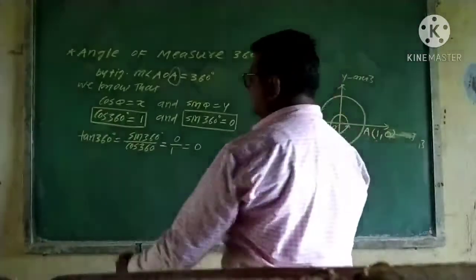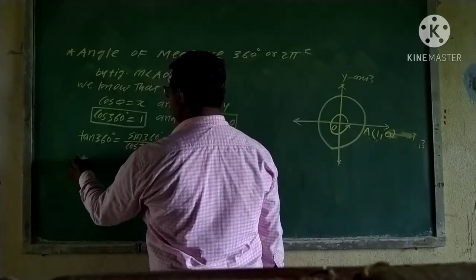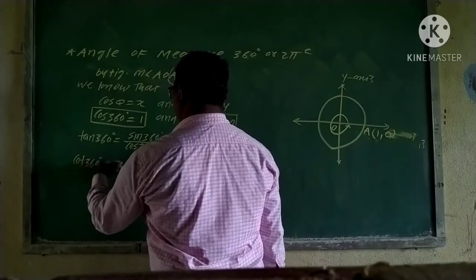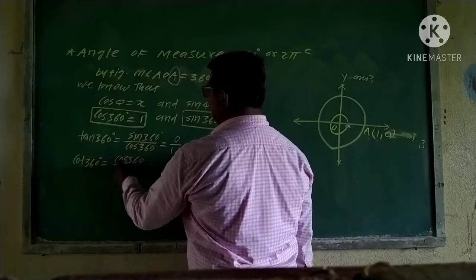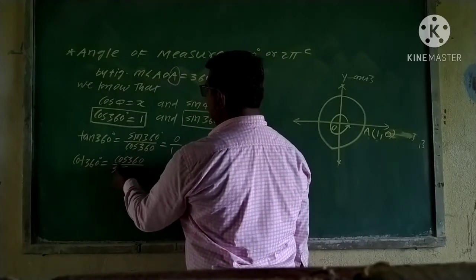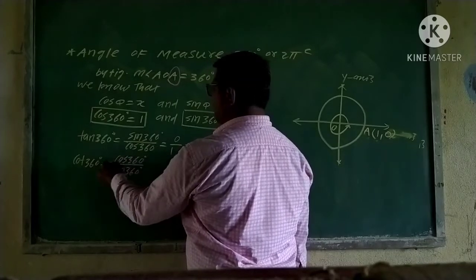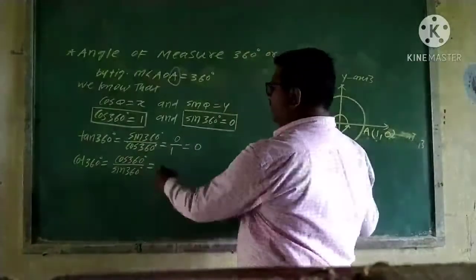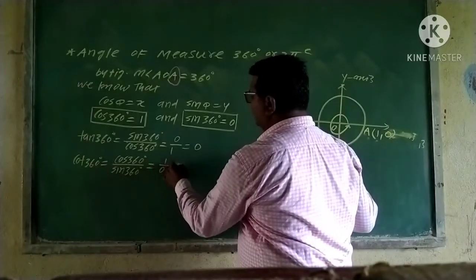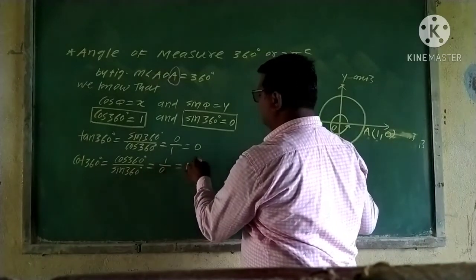Cot of 360 degree equal to cos of 360 degree divided by sin of 360 degree equal to 1 divided by 0, that is not defined.